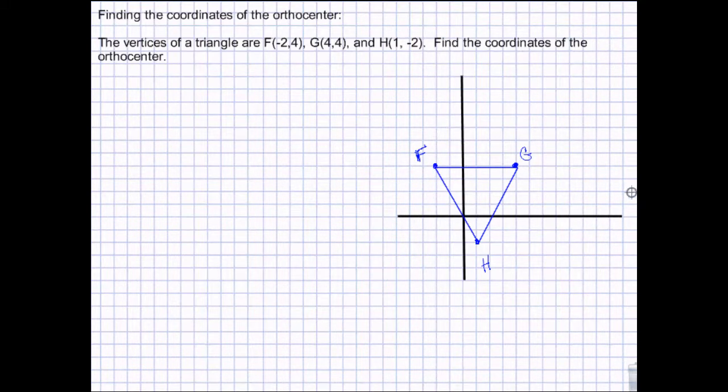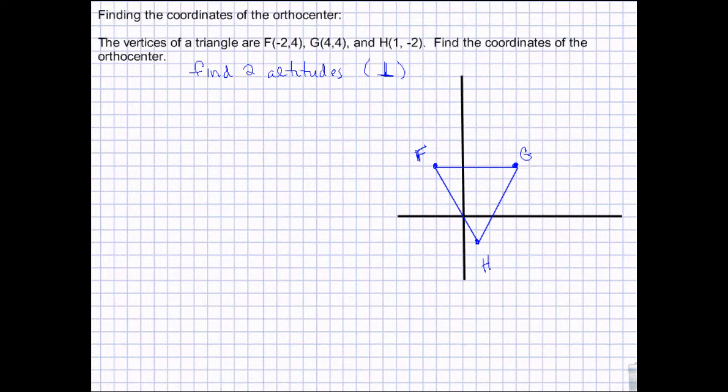Now the altitude is what makes up the orthocenter. So we need to find 2 altitudes. And those are perpendicular. Okay.